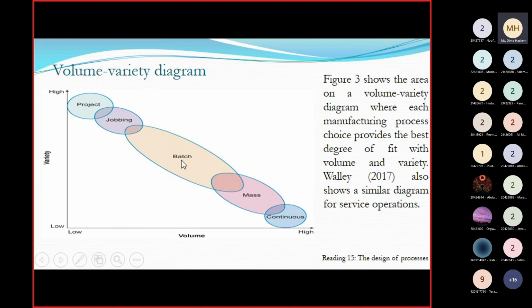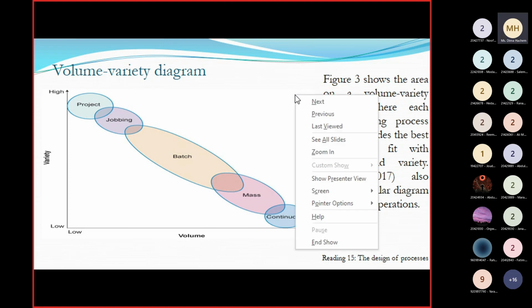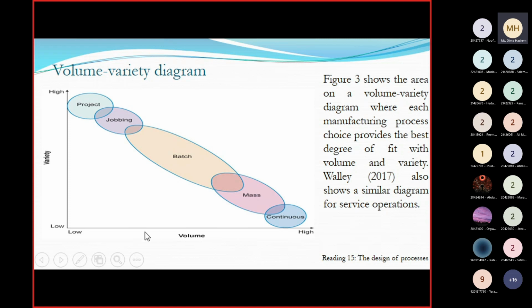Batch has medium variety and medium volume, okay? And so on. This tells us that you cannot have high volume and high variety. You cannot have a process here. It's hard to have high variety with high volume. Okay?